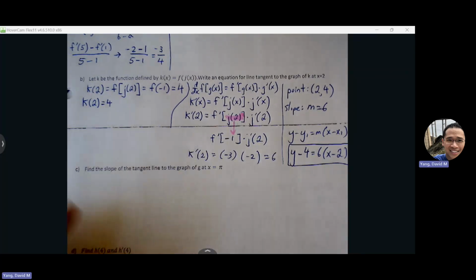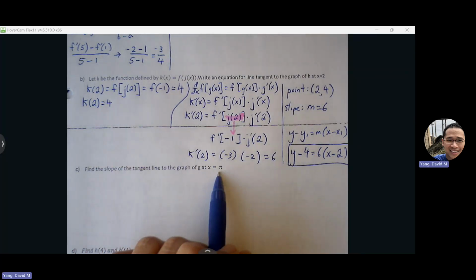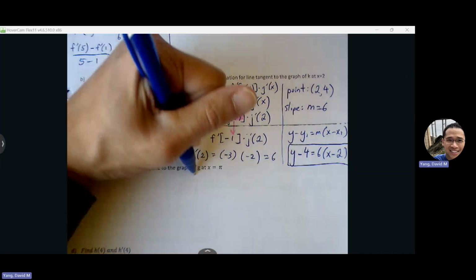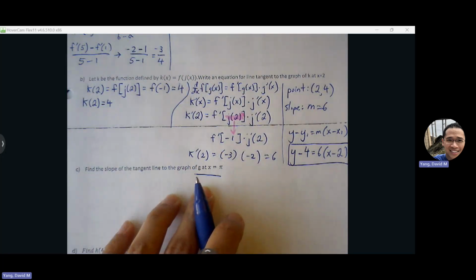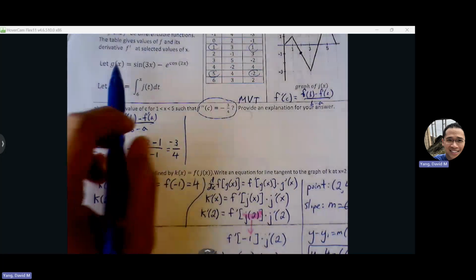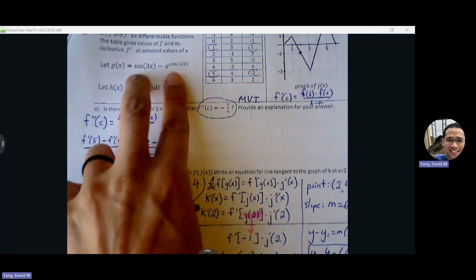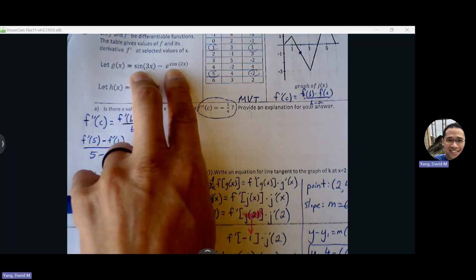Part C, we're finding a slope of a tangent line to the graph at x equals pi, graph of v. So now we're also finding the derivative at a point, but now it's involving this g of x function. And now we're going to actually be using our derivative rules to build our g prime and then plugging in pi.